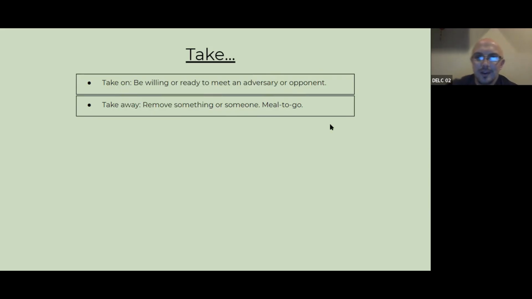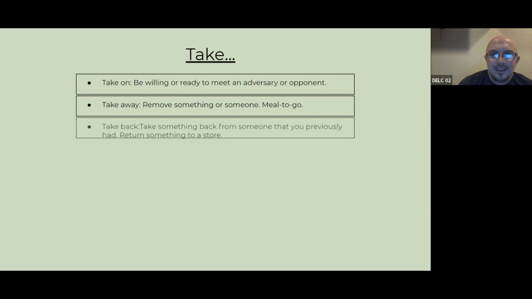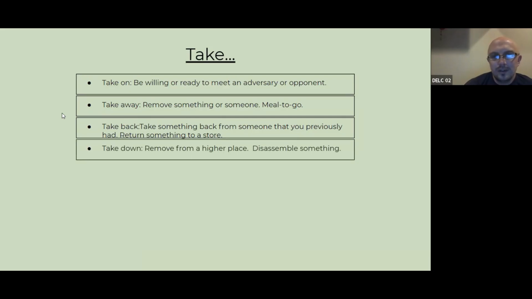So we can order a meal for takeaway. And "take back" can mean to take something back from someone that you previously had, or to return something to a store. We would use this phrase "take back." Or "take down" can mean to remove something from a higher place or disassemble something.